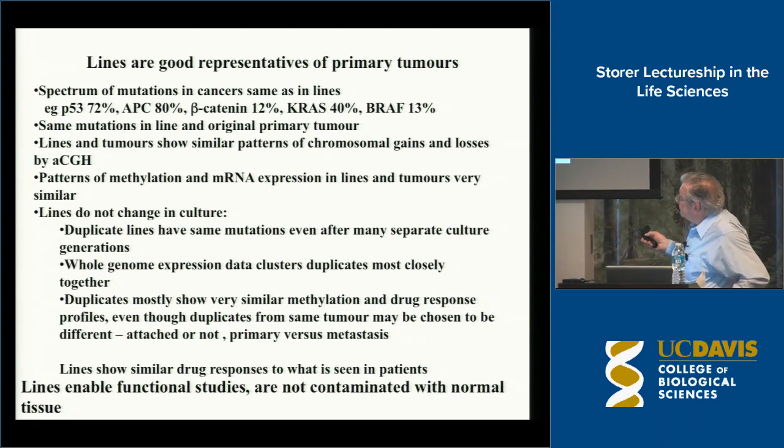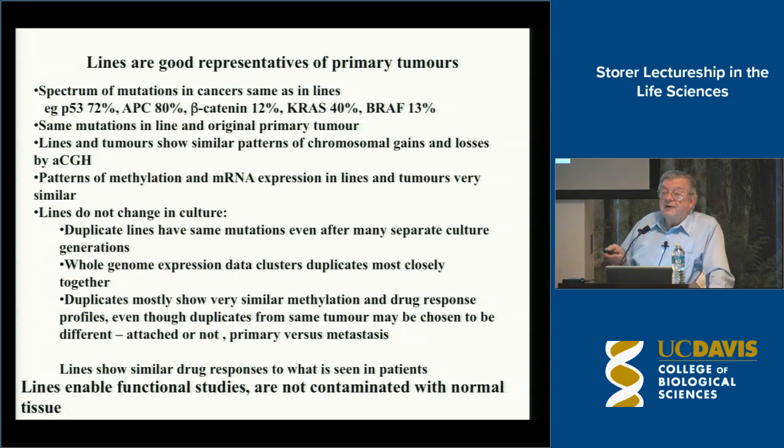Very similar patterns of mRNA expression and similar patterns of methylation are found in the cell lines as in primary tumors. They don't change in culture, I've said that. Duplicates mostly show similar activity. And there are huge advantages in working with cell lines.